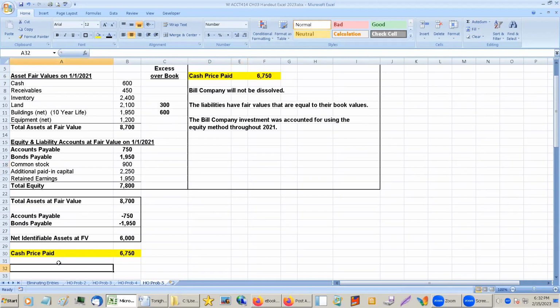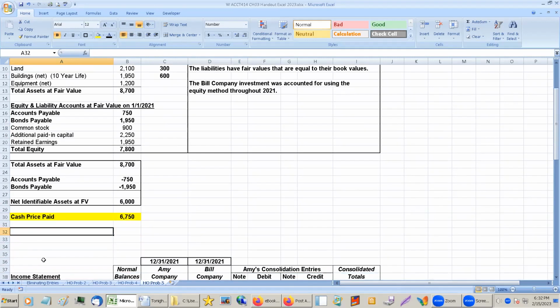So the question is, those not identifiable assets is what we paid, so we have unidentified assets, which we call goodwill. And so it's 750.